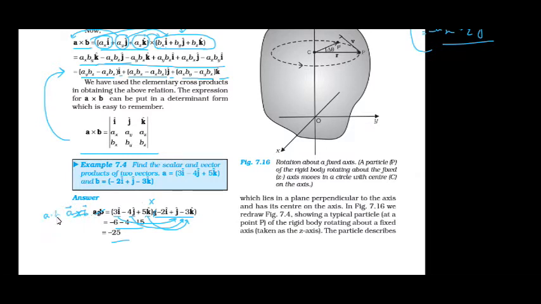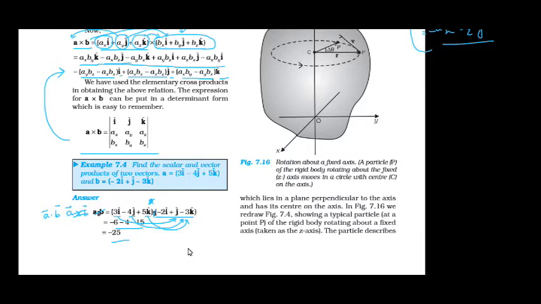A dot B, this is the dot product. So dot product will not be done in this way. Dot product we have explained in the last lesson. In that we will do the dot product.